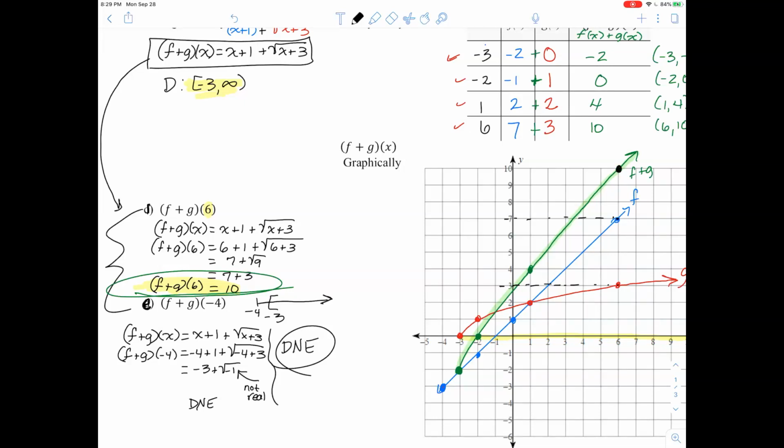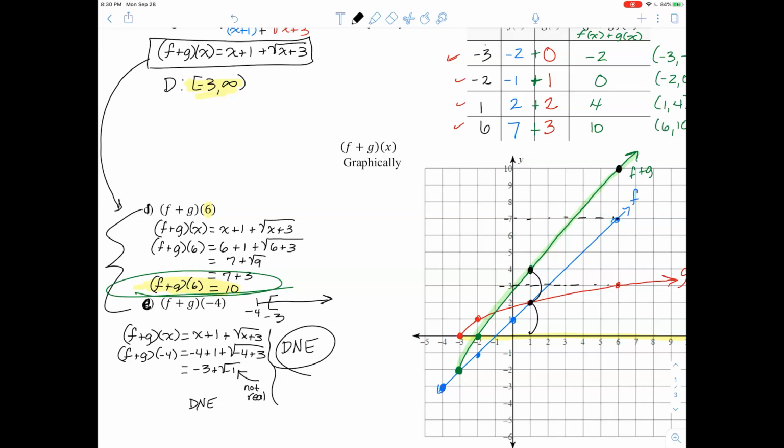So at x equals 6, you have 7 plus 3 is 10. And then the next place where they both intersect at a nice intersection is right here, where your blue output is 2 and your red output is 2, and 2 plus 2 is 4. So there you have that.